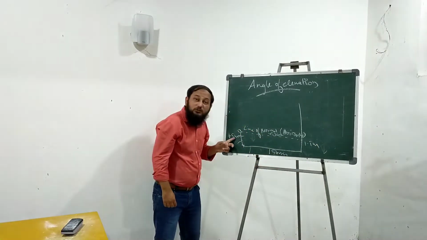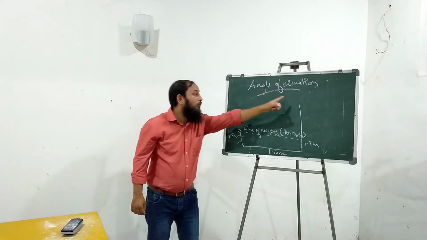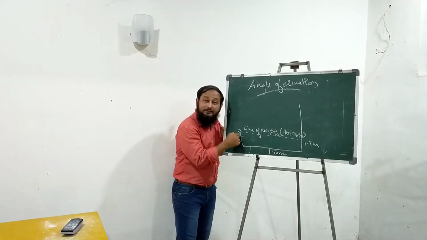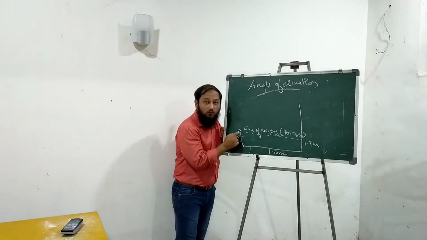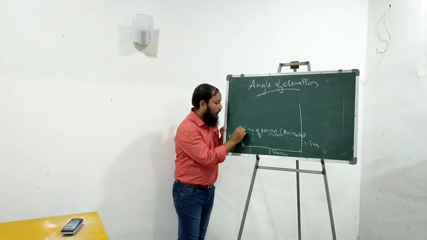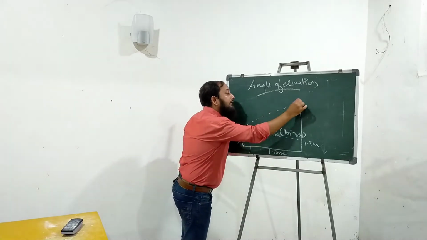If he wants to see the top of the huge building, he has to raise his eyesight like this, or raise his head like this. Then the line will be like this.